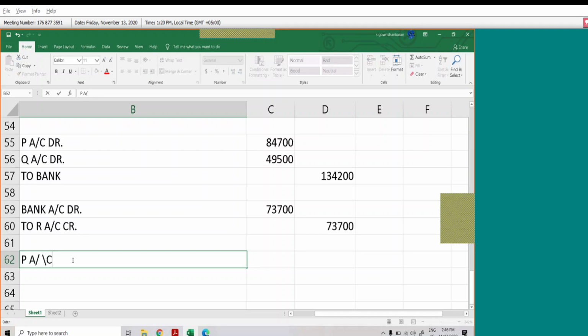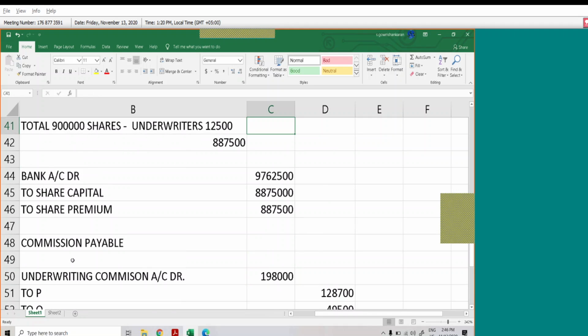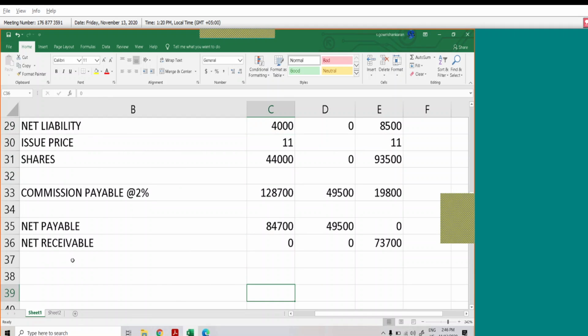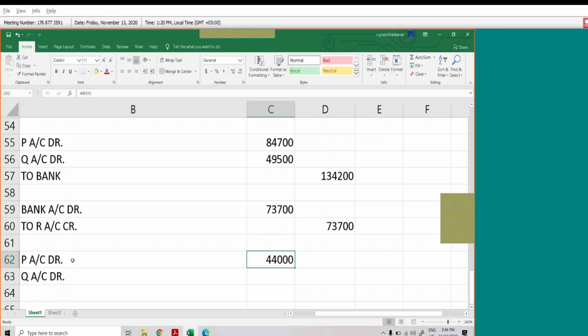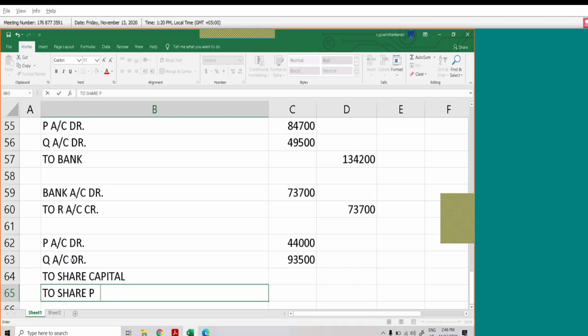So P account debit, Q account debit 44,000, then 93,500, to share capital, to share premium.